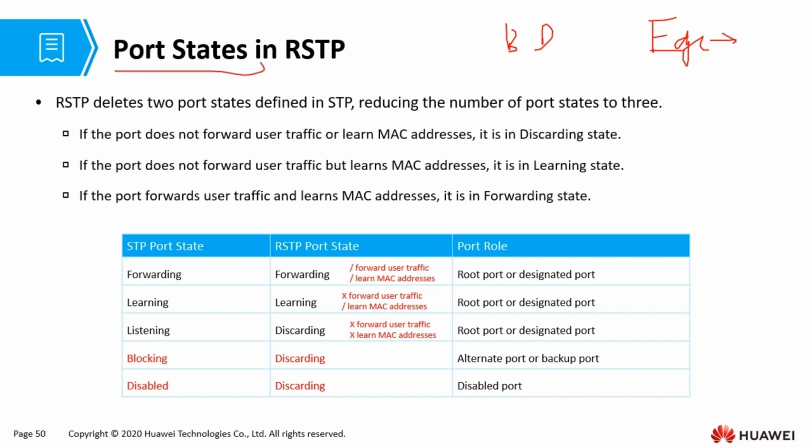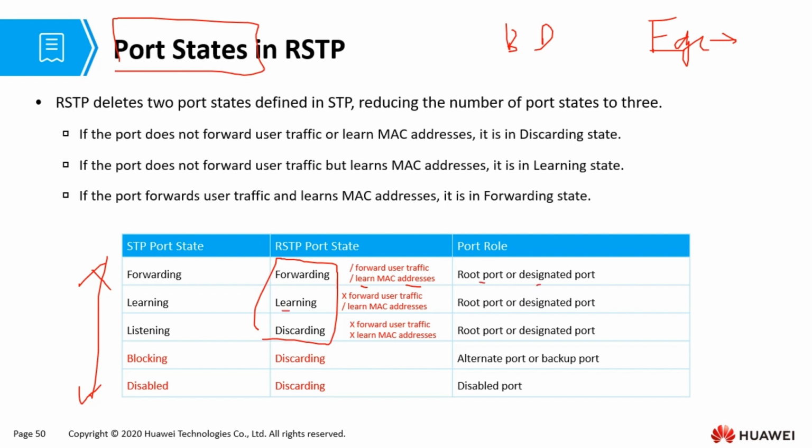Now we look at the port states of RSTP. RSTP only has three states, compared to the five states of STP. This is also one of the famous questions asked in the HCIA Datacom exam. RSTP has forwarding, learning, and discarding. They don't have blocking and disabled. Under forwarding, you forward user traffic and learn MAC addresses; the port will be a root port or designated port.